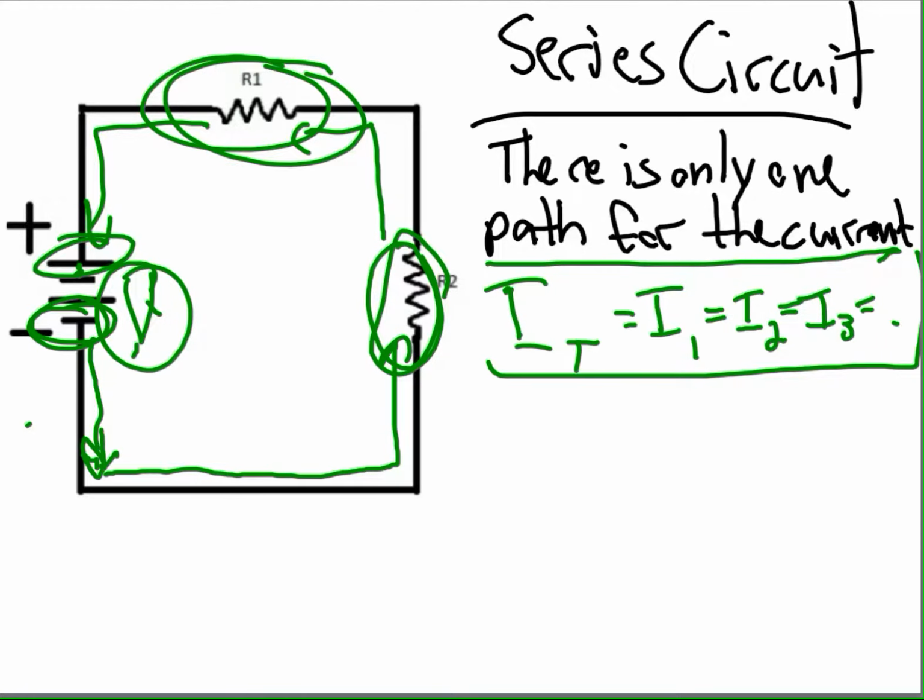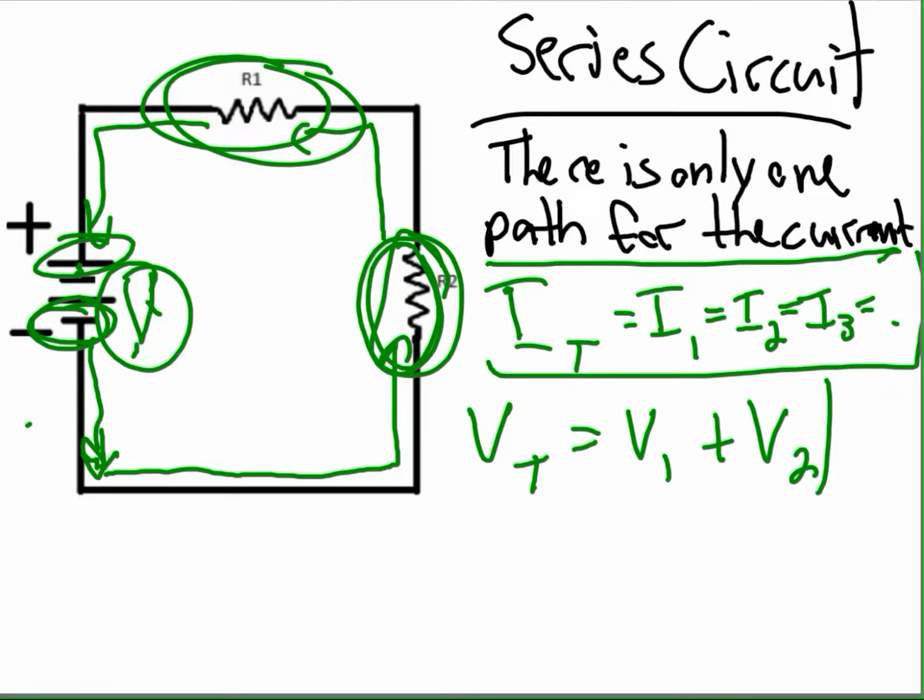The voltage dropped across both of these, V1 and V2, has to add up to whatever came out of the battery in the first place.